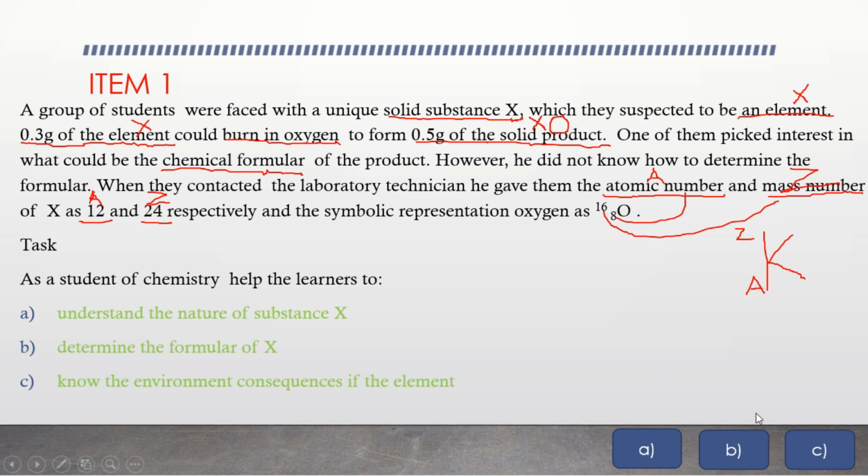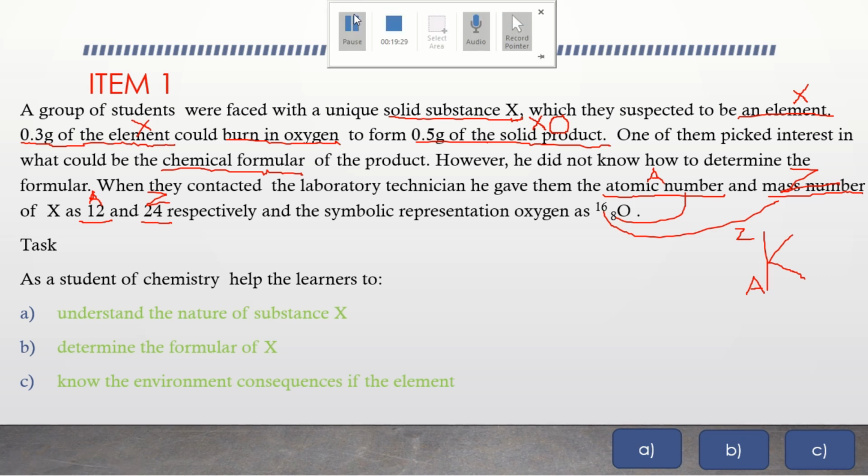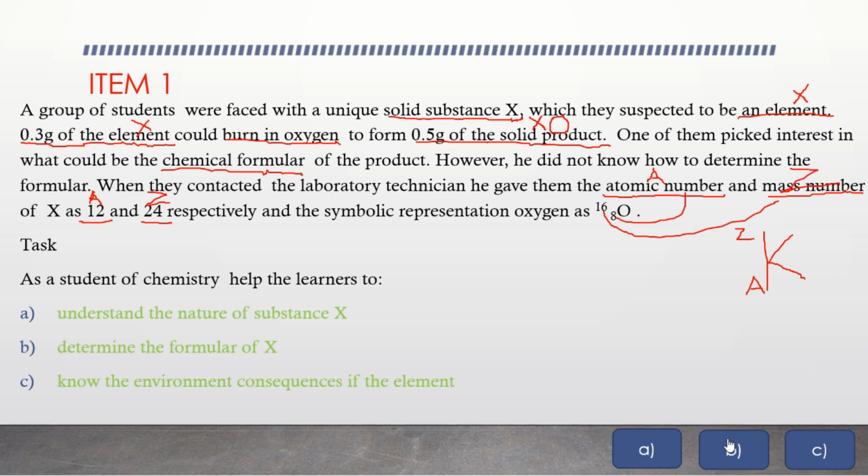Therefore, we want to get the chemical formula of the product. Now we shall have to get the empirical formula of this product.